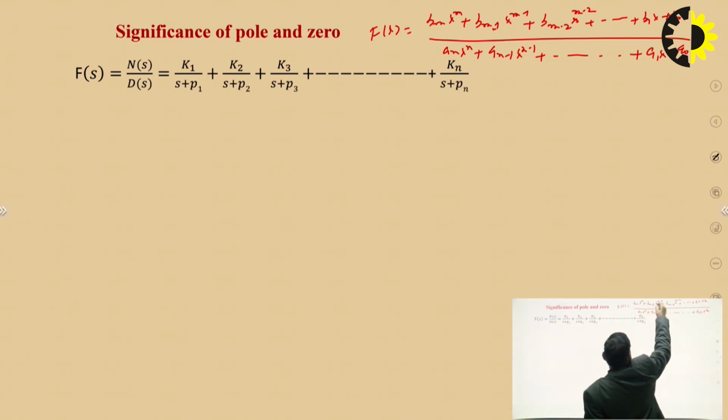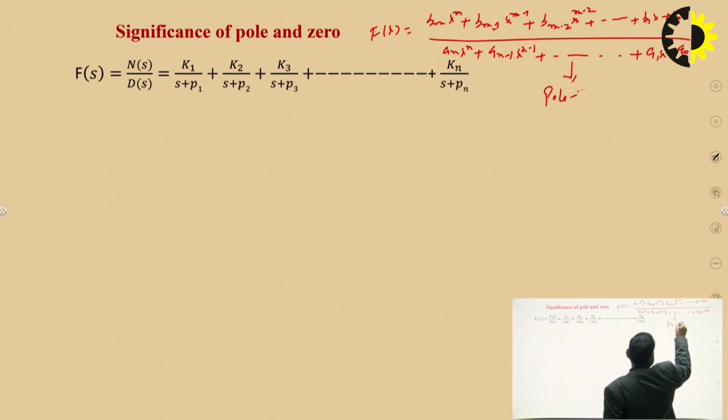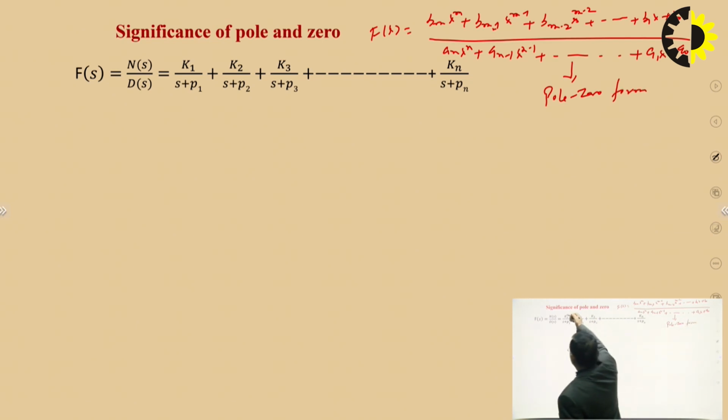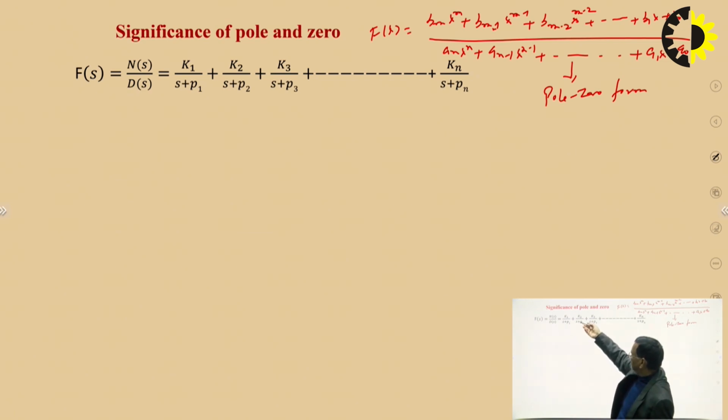So we write it in the pole-zero form, and then carry out the partial fraction expansion. So N(s) upon D(s) can be written as k1 upon s plus p1, plus k2 by s plus p2, plus k3 by s plus p3, plus kn by s plus pn.